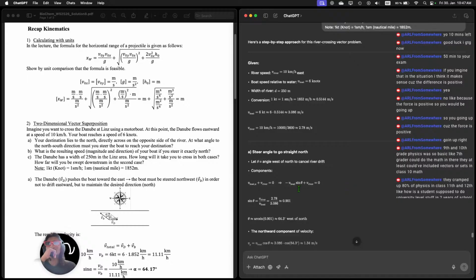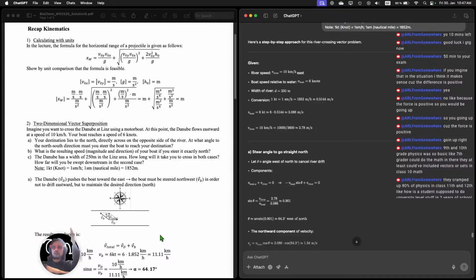VF boat sine theta. So this component would be sine. This component, the vertical component, would be cos. Based on the angle, this is cos.